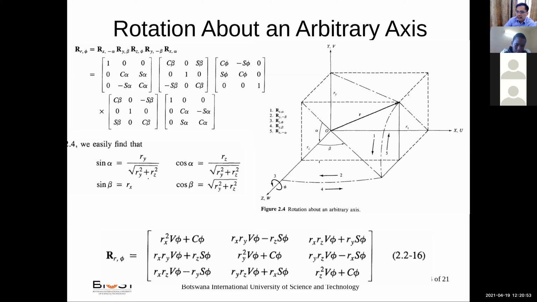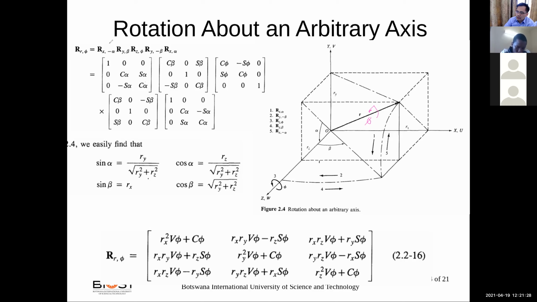So now I guess we are already comfortable with the fact that we have this sequence of rotations in order to get a final rotation about an arbitrary axis R by a rotation of phi, by aligning this axis with the z-axis, rotating about that axis, and returning it back.